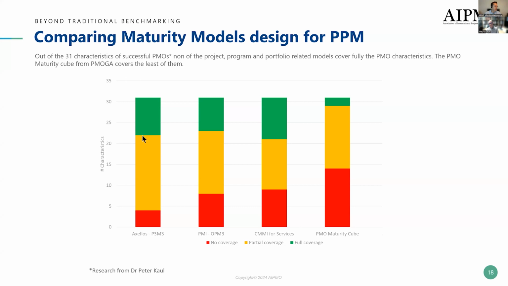Looking at the PMO characteristics, the best one is from Axelos here. The worst one is the maturity cube. What Americo did is he took the 27 functions from Monique from a paper in 2012, built this in 3 dimensions, and called it a maturity cube, but he never developed it further. And that's what the value ring is based on, back in 2012.